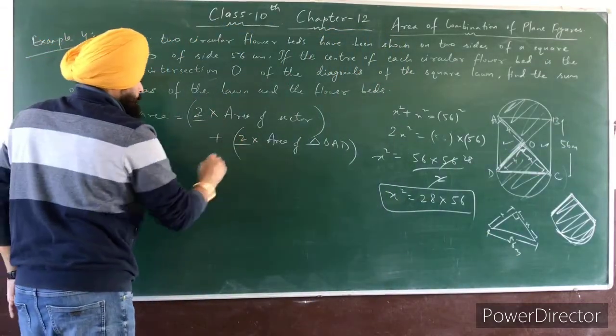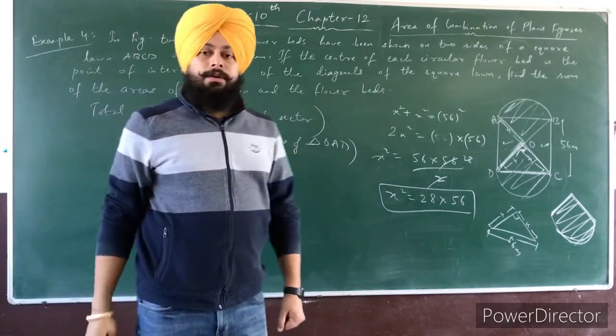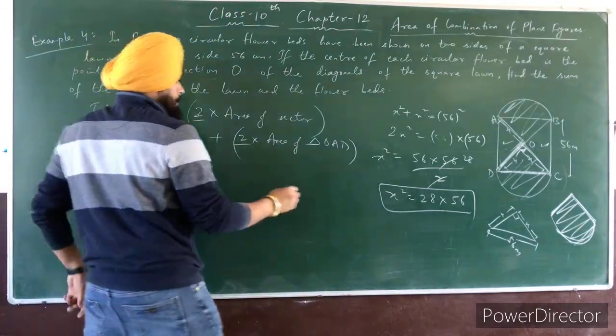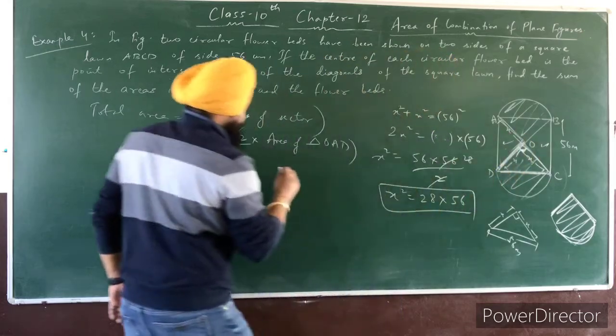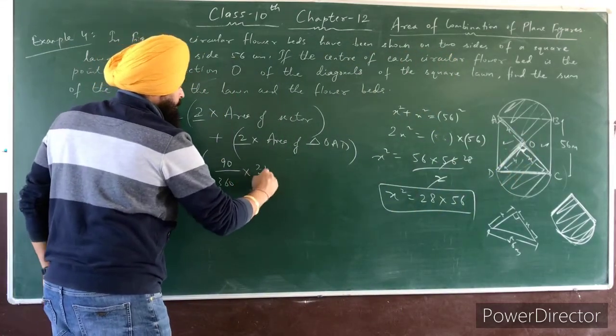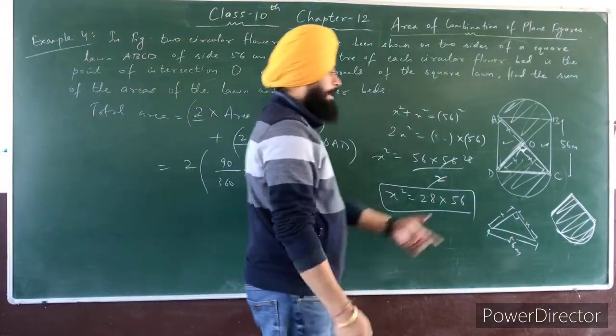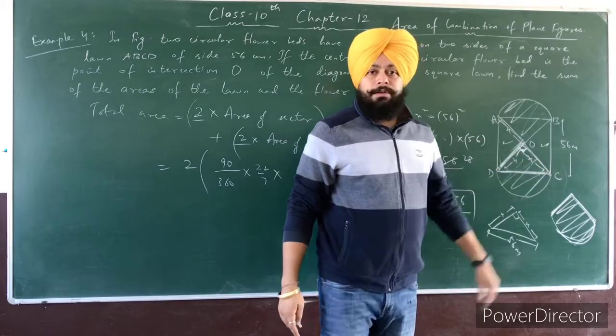Now you can take 2 common. The area of sector, its formula is theta over 360. Theta here is 90 degrees. So 90 over 360 into pi r square. Value of pi is 22/7 into r square. R is the radius, which is x. So you can write x square.